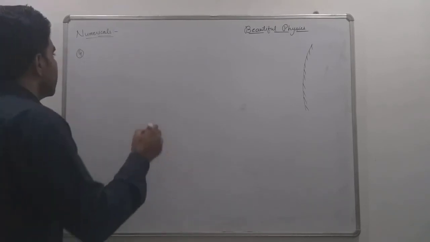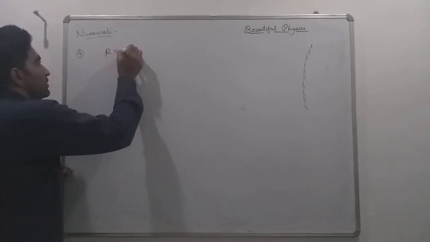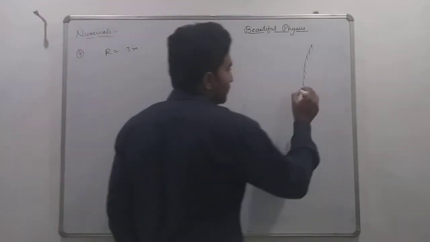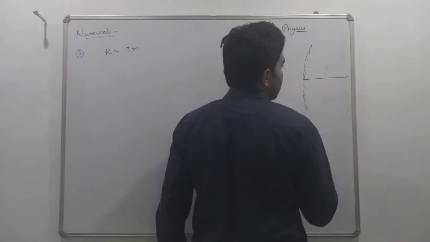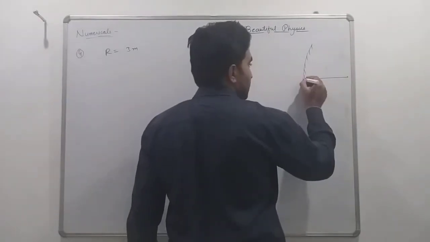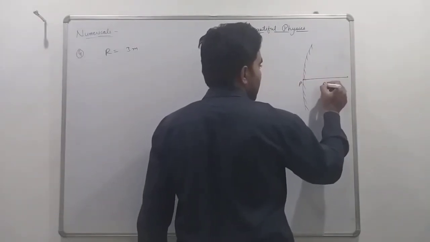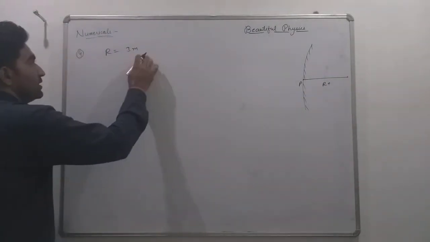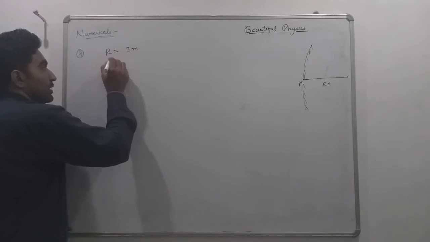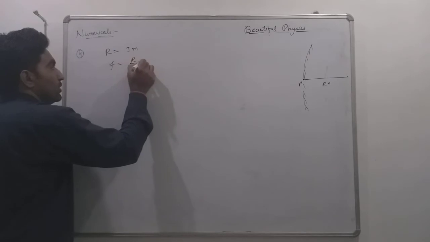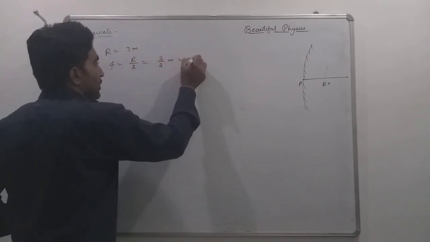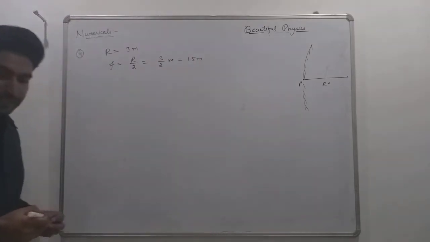Radius of curvature R is equal to 3 meters, and the radius of curvature for the convex mirror is towards the right side of the pole. So R is positive. Then the focal length will be f equal to R by 2, and it will be equal to 3 by 2 meter, or we can say 1.5 meters.